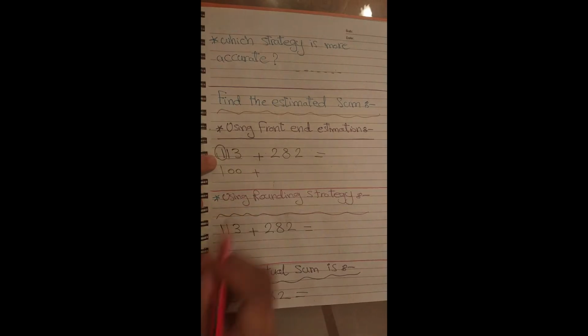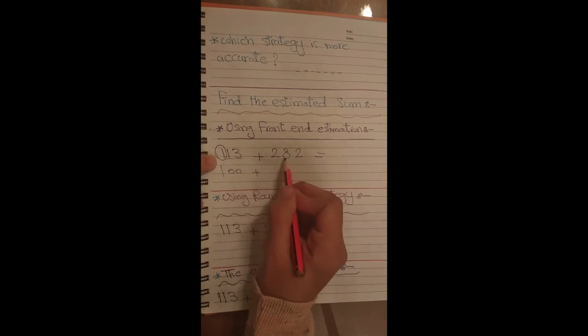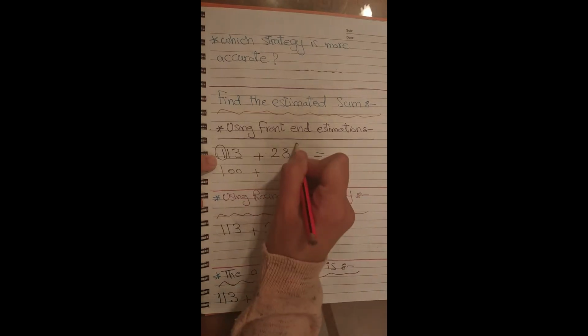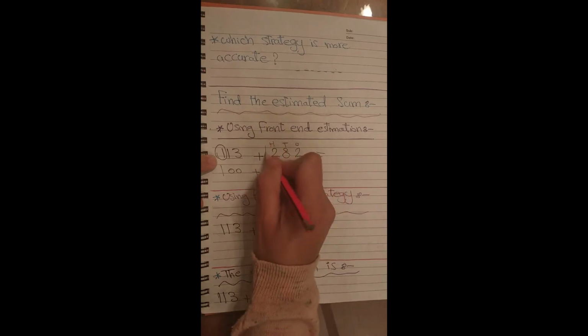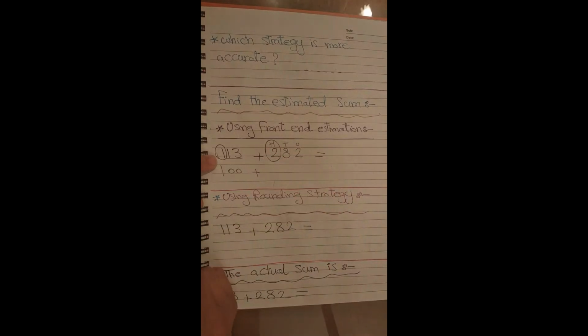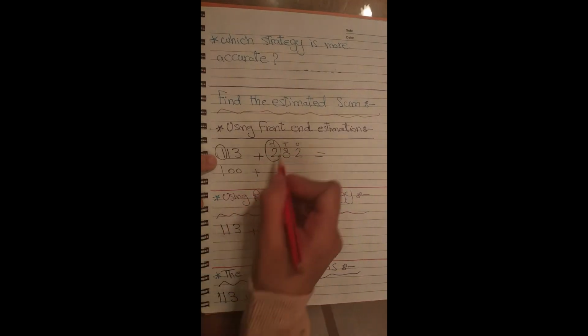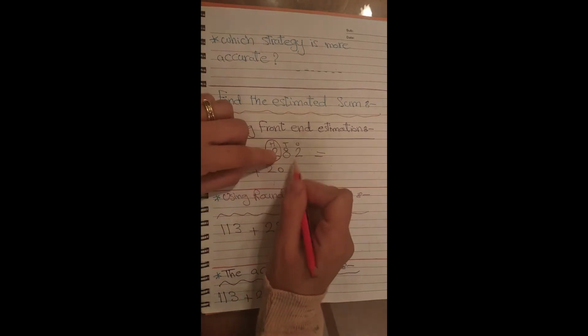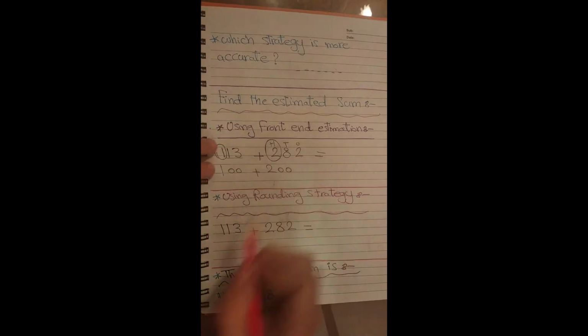Plus, the second addend is 282. In the front-end estimation, as we said, I have here 3 digits. It looks only to the last digit or the highest place value, which is 2, and I will replace all of the other digits with zeros.